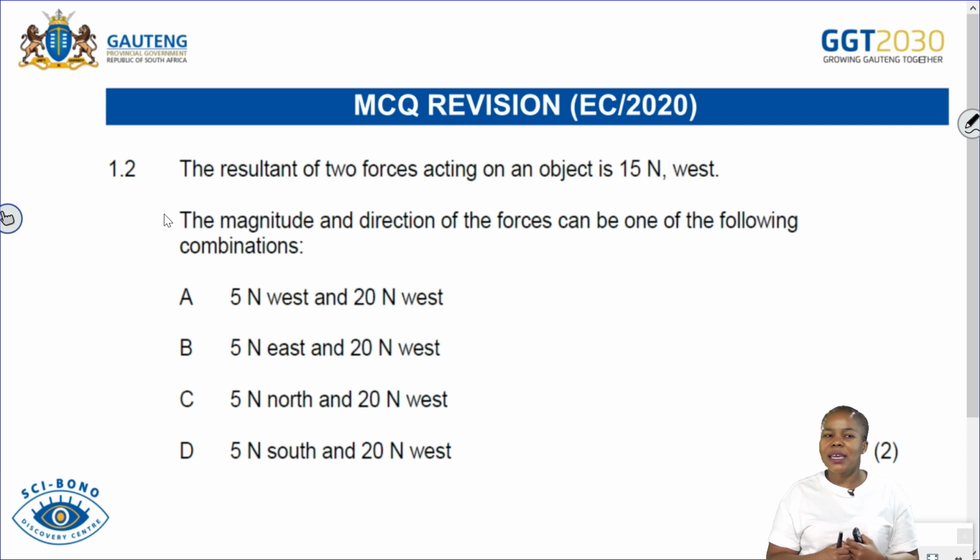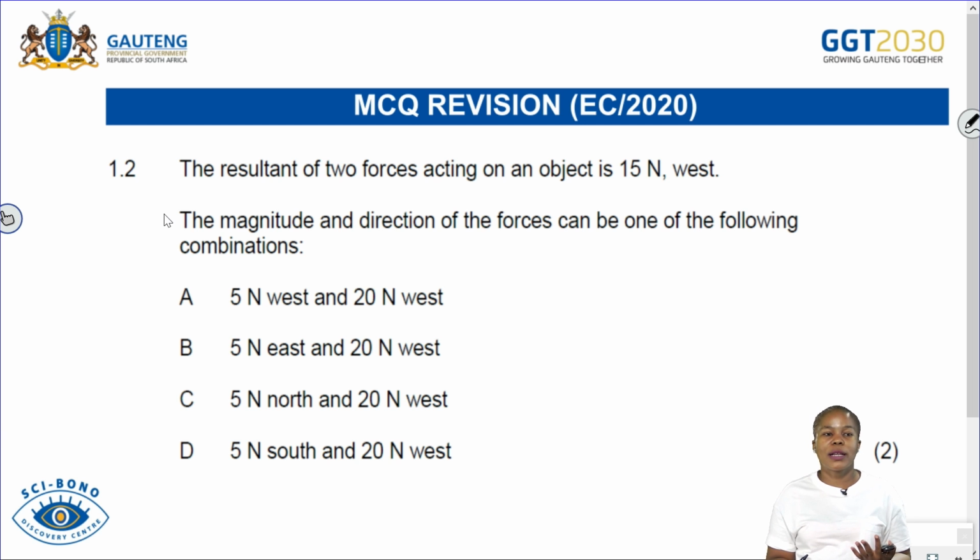B, which is 5 newtons to the east and 20 newtons to the west, could be, because the one is moving to the right, the other one is moving to the left. It can never be the north and the west, because that one will create a 90 degrees angle, and it can never be D, because of 5 newtons south and 20 newtons west. So here's why we think it is B.